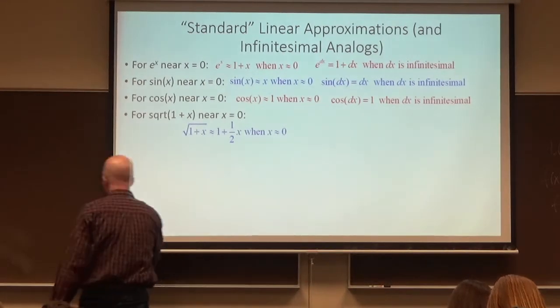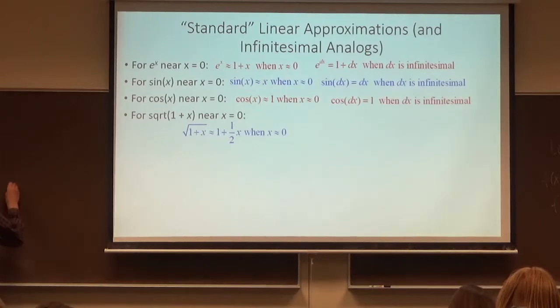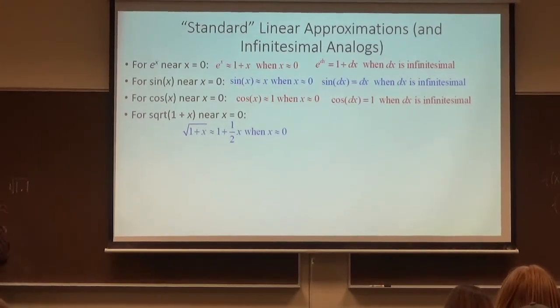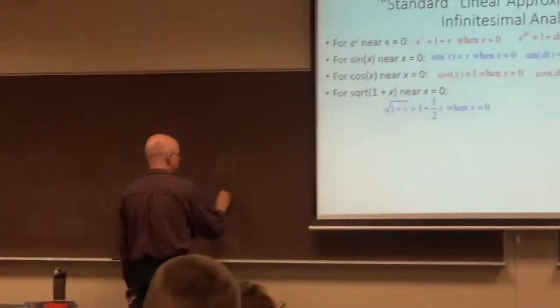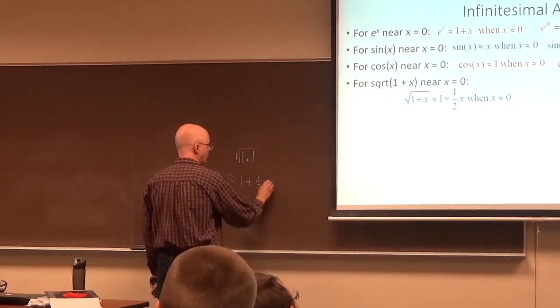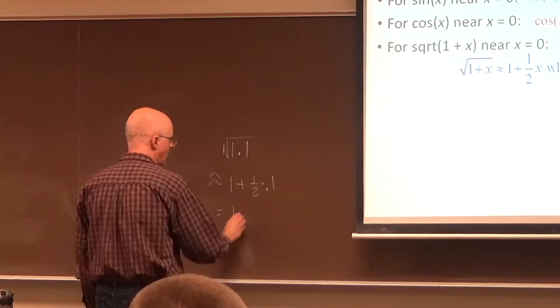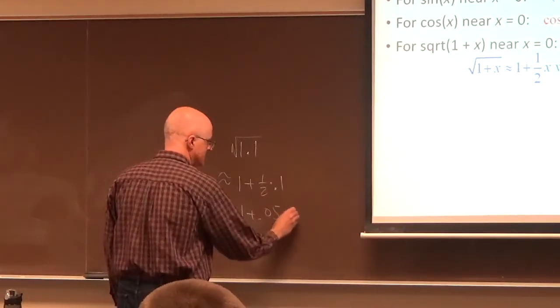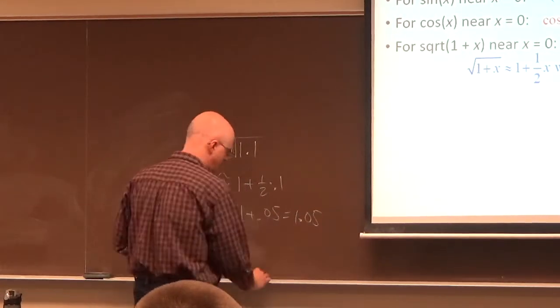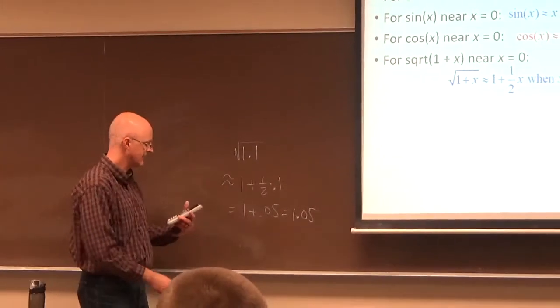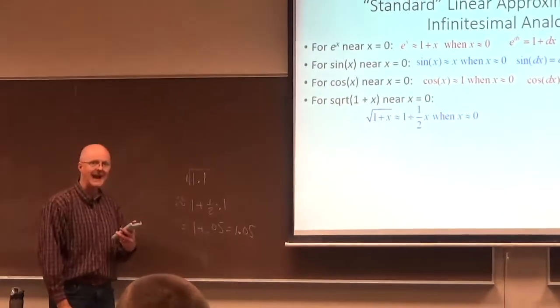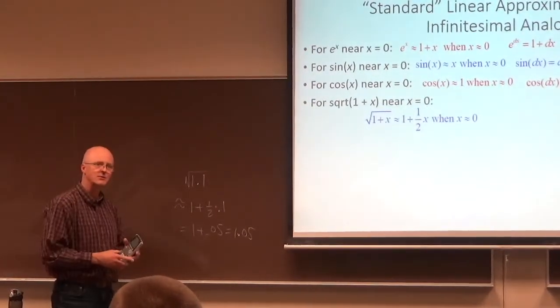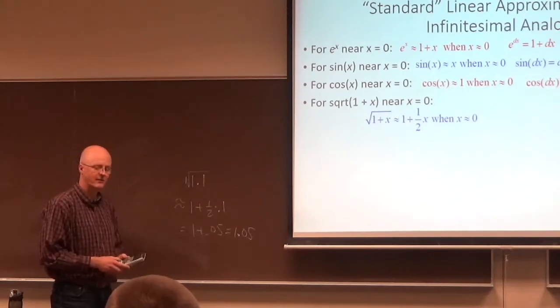Write that down. Square root of 1.1 is approximately, by this approximation, 1 plus 1/2 times 0.1. 1 plus 0.05 is 1.05. It's pretty close. In reality, it's closer to 1.0488. But if you round to 2 decimal places, it's pretty close to 1.05.